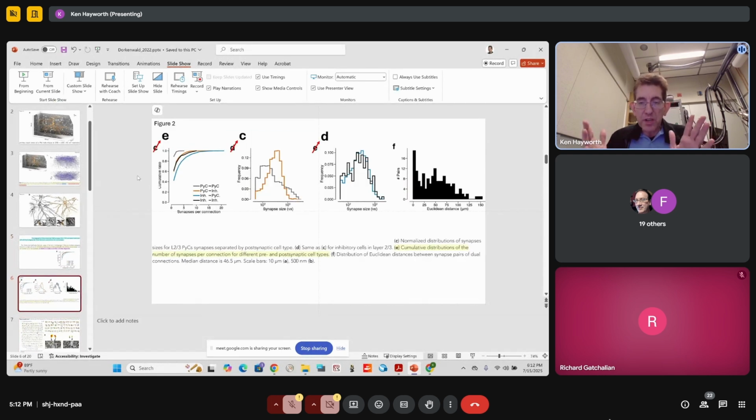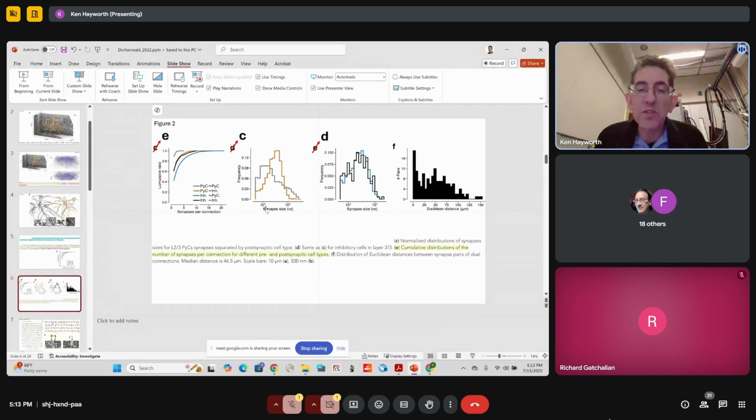Figure 2, I don't know if anybody else caught this, but there was a problem with their labeling in figure 2 that gave me a little bit of confusion. I think these are the proper labels for their figure caption. C here is a histogram of the synapse sizes plotted in a log plot.